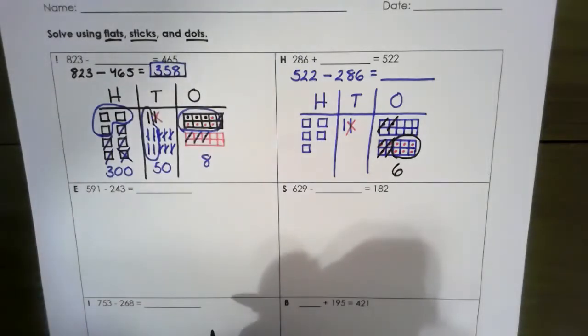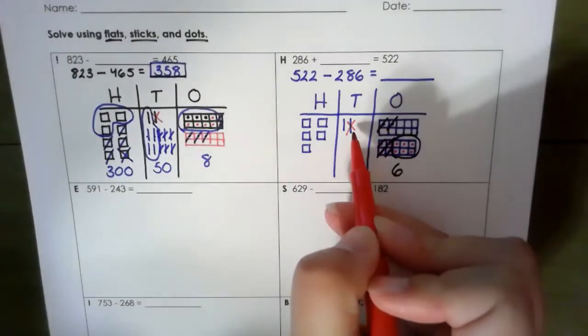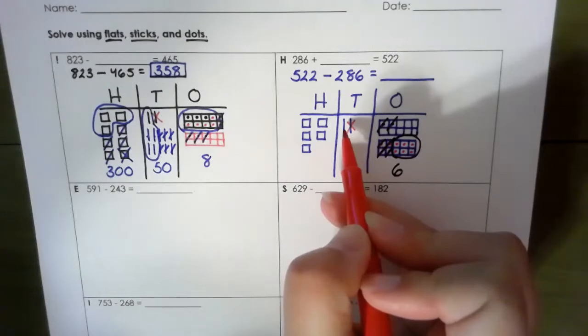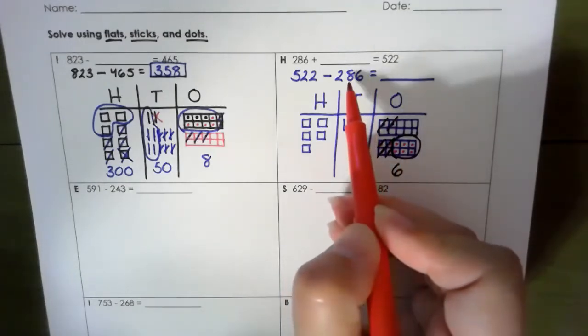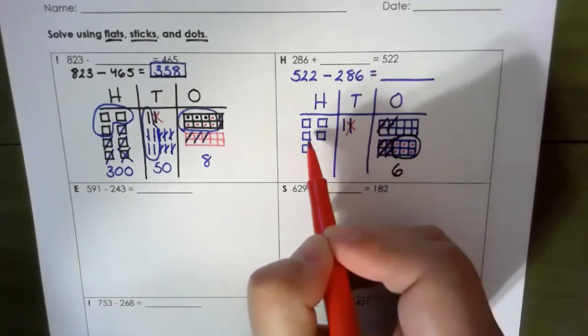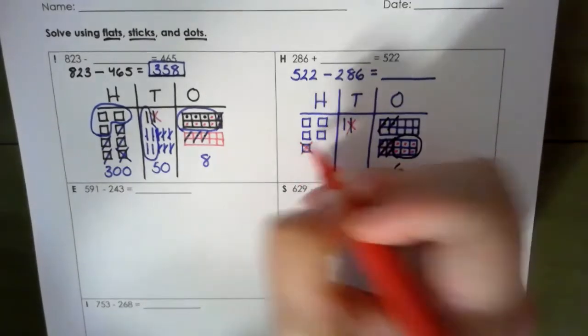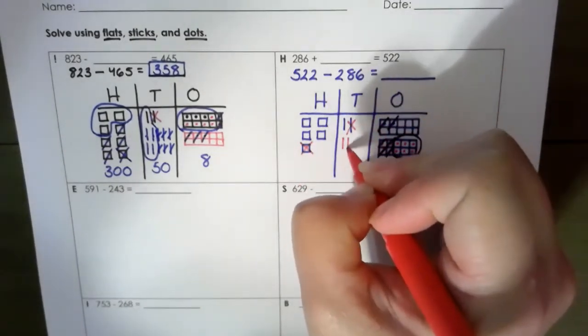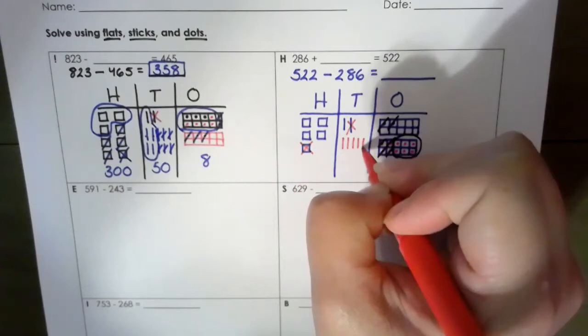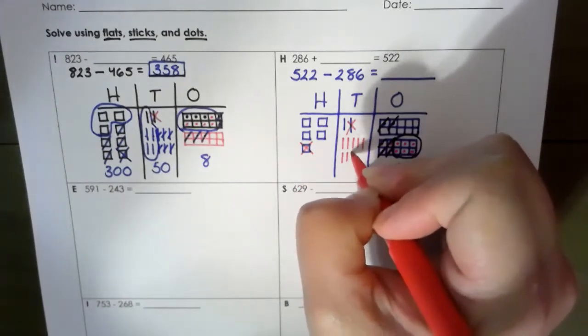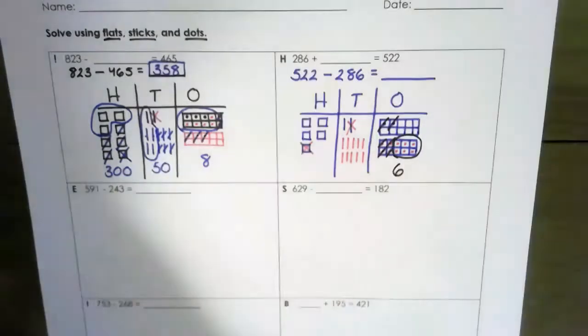Next, we need to subtract the tens. I regrouped one of them, so I have 1 ten left. How many do I need to subtract? That's right, 8. Do I have enough? Nope again. I need to regroup 100 to make 10 tens. 1, 2, 3, 4, 5, 6, 7, 8, 9, 10.